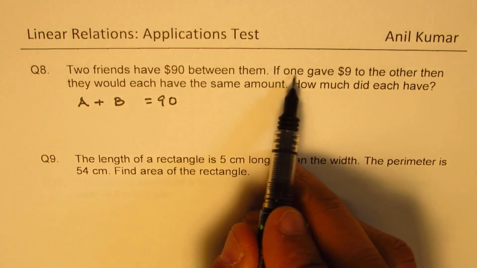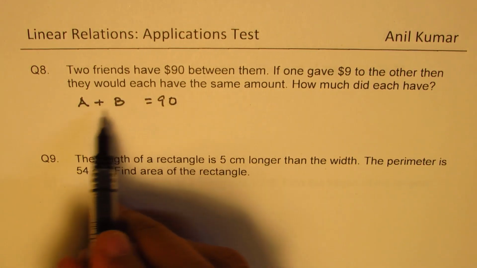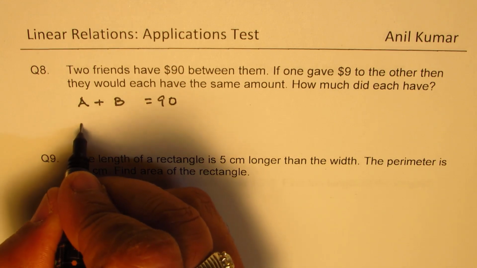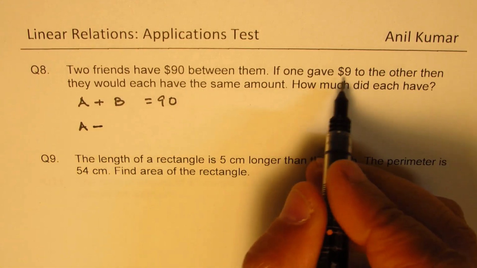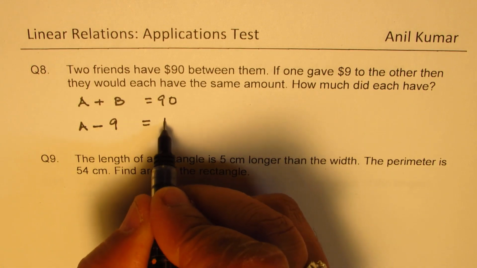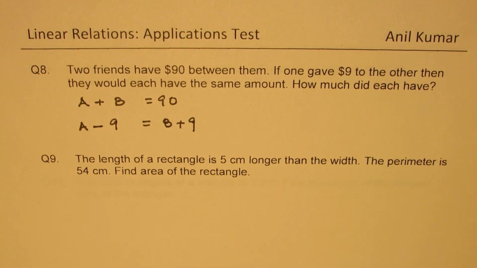Now it says if one gave $9 to the other. Let's say A has more money, A is more than B. So A gives to B. In that case, A minus 9, A gave so it reduced, and B gains $9. So that becomes our equation. Does it make sense to you?